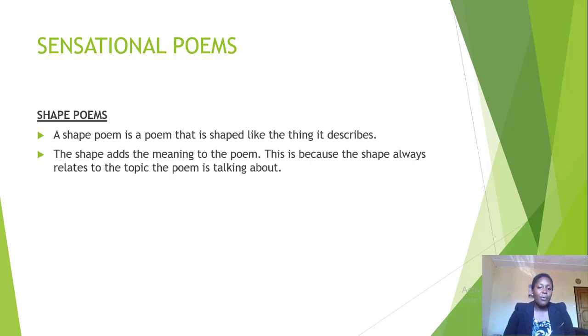So what does it help us? You'll realize that when a poem is written in a certain shape, it adds meaning to the poem, because automatically as I look at the shape, I can tell what the poem is talking about.